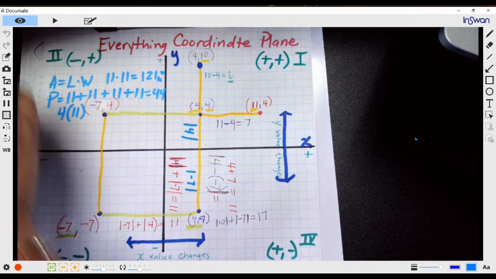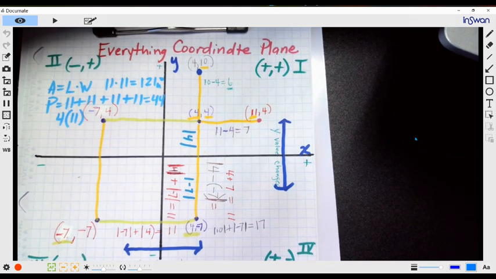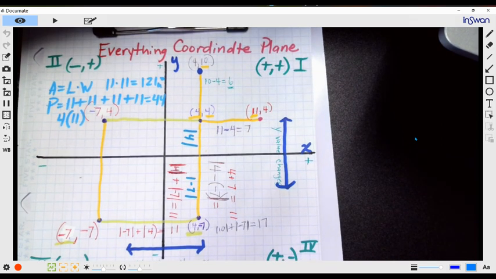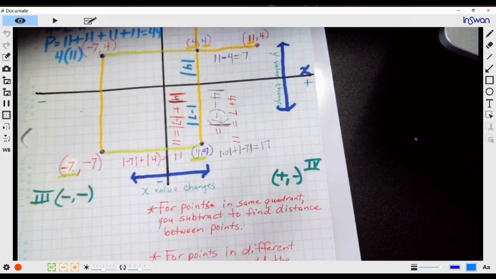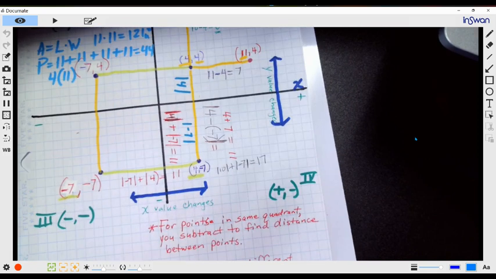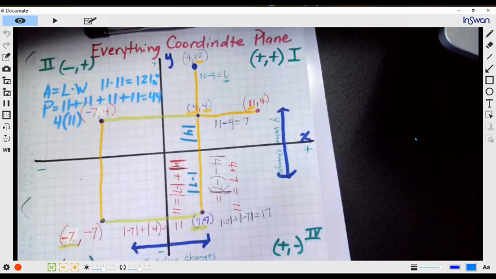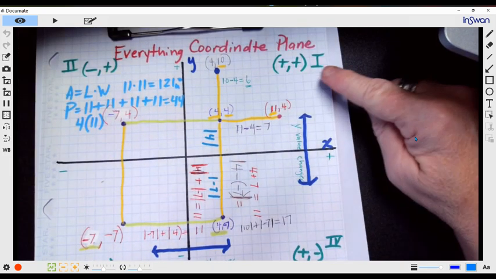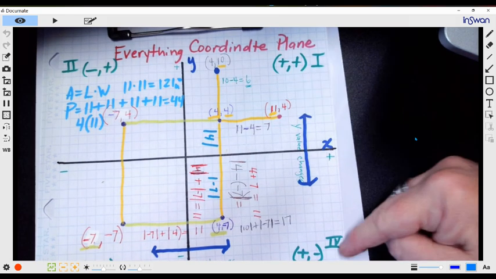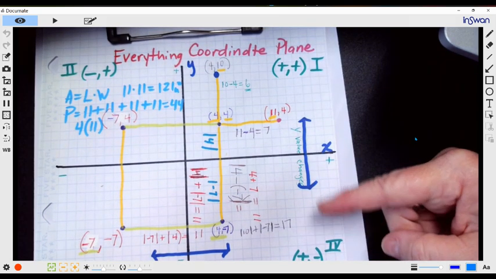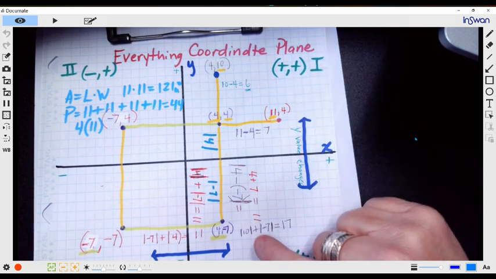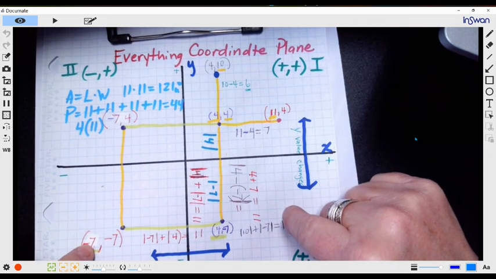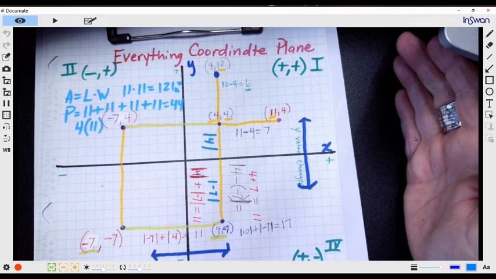Now, I know that these notes, with all the colors and all the different points, look a little bit confusing. But when you're thinking about all the things we can do with the coordinate plane and how it's set up, as long as you have your signs correct and you know which quadrant the points go in, and you look at the difference in the coordinates, you can tell which axis it would reflect across, how far the points are from each other.